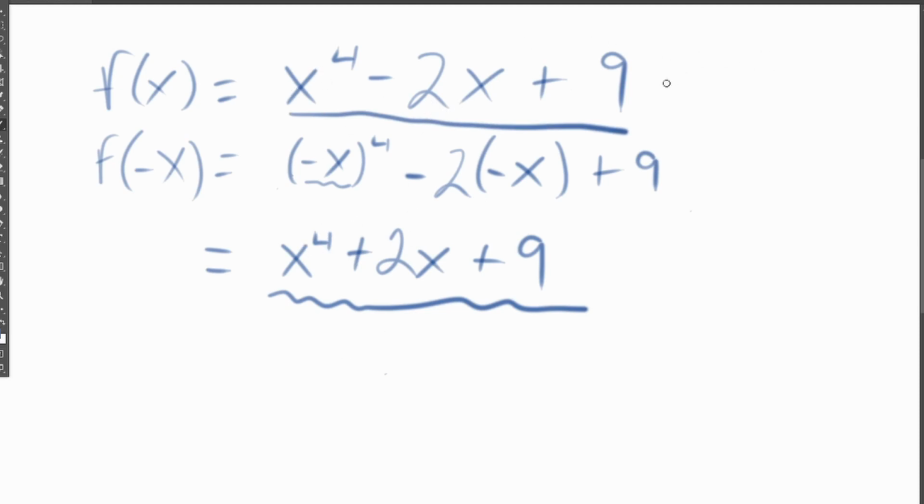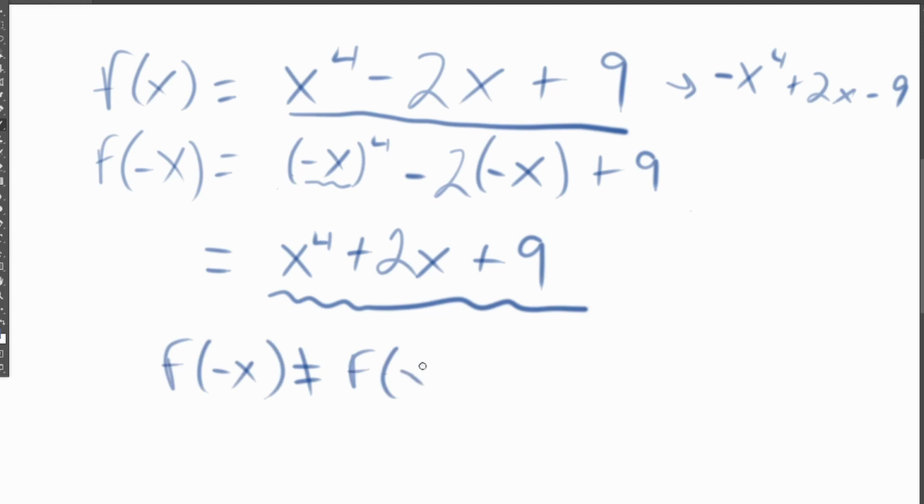The negative version of this would be negative x to the 4th plus 2x minus 9. So since f of negative x does not equal the original function or the negative of the original function, then this function is neither.